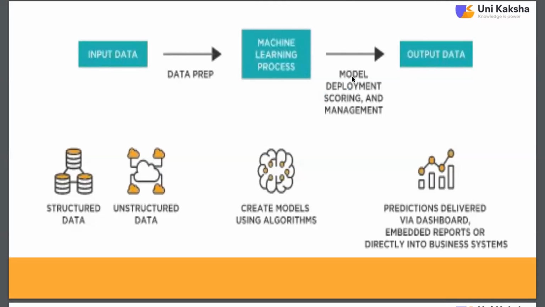We create models using different machine learning algorithms, and the predictions are delivered by websites or dashboards, so they can be deployed directly into the business system. Modern-day tools, as well as modern-day businesses, are dependent on these machine learning processes.